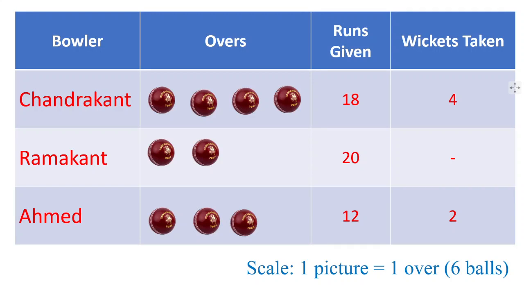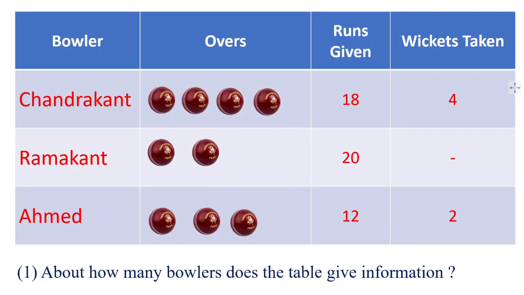Okay, let me ask you some questions related to this particular pictograph presentation. For example, how many bowlers does the table give you information about? How many bowlers are there? It is as simple as that, there are 3. Your answer will be 3.